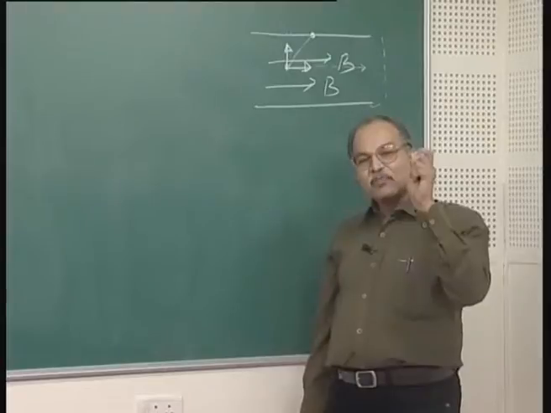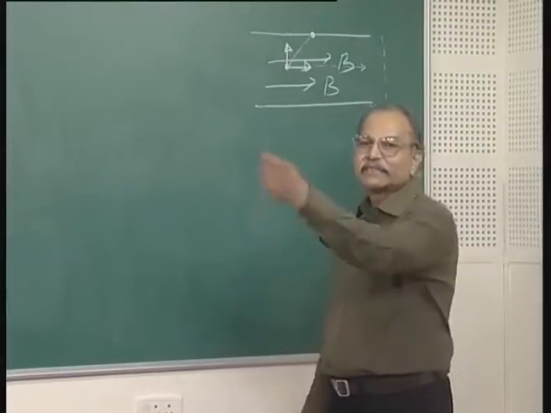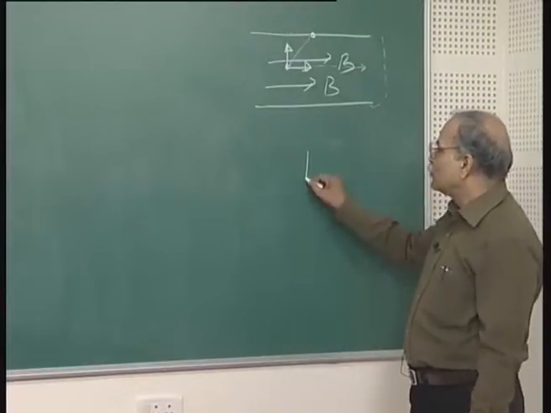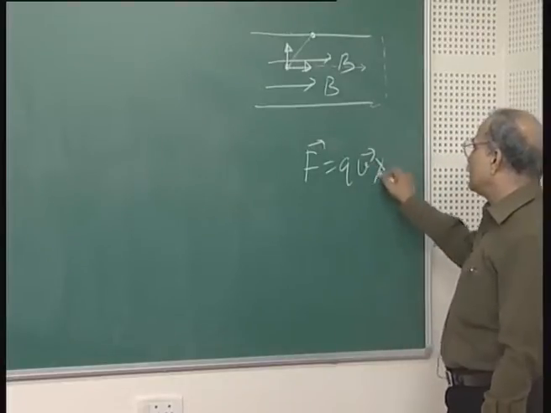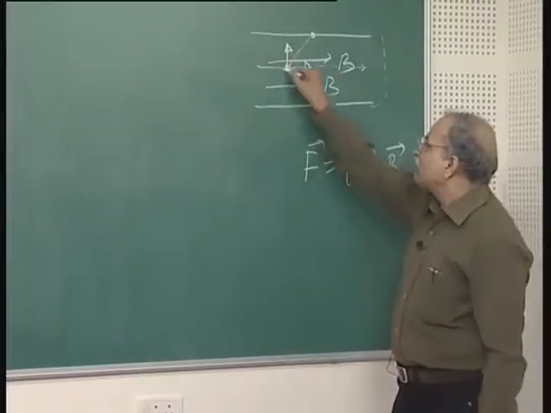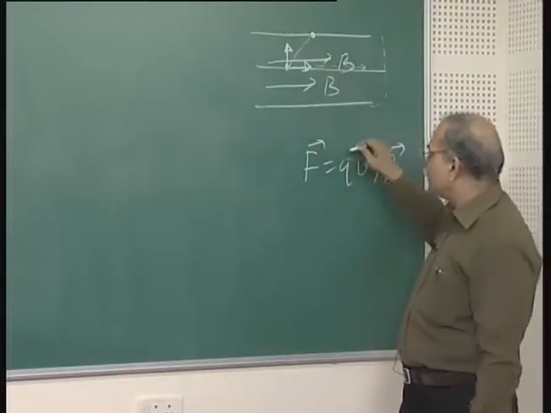If that is the only component, it goes in a circle; otherwise it goes in a helix. This is simple: F is equal to QV cross B. So, if you have the magnetic field in this direction and velocity in this direction, then it bends.